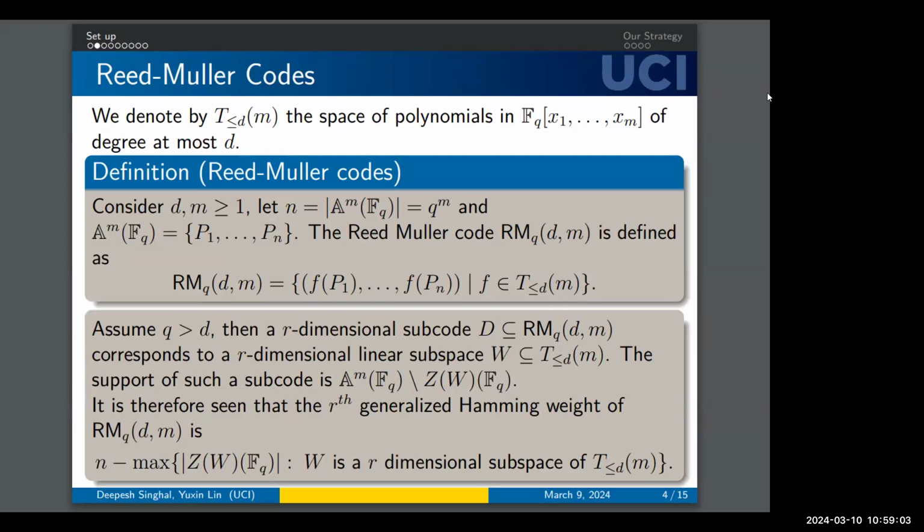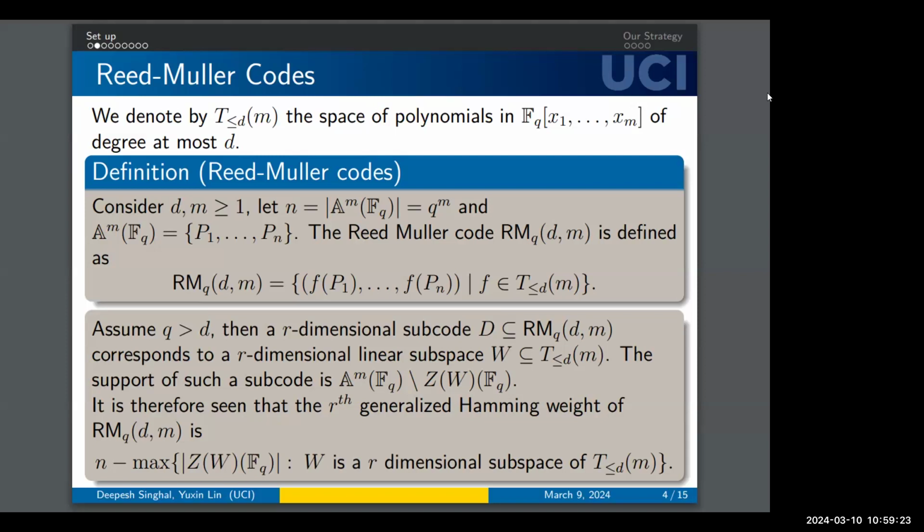And then the support is those coordinates, those points of the affine space, for which at least one vector is non-zero. So the complement of the support would be the zero set of W, the F_q-rational points of the zero set.